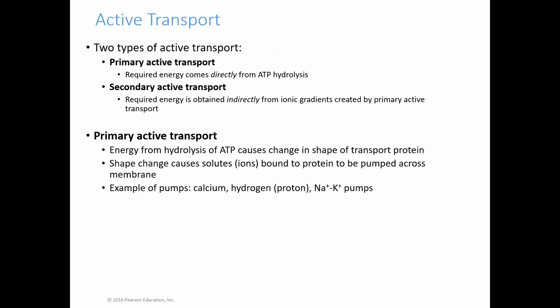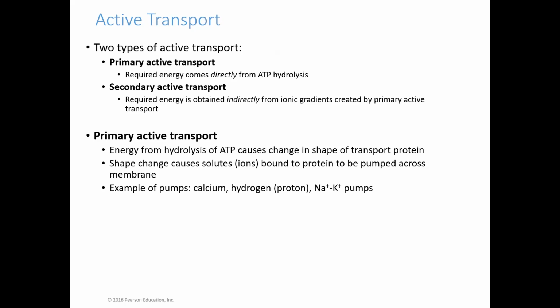With secondary active transport, you take advantage of the concentration that you're maintaining outside the cell. I'll get back to that in a second. So primary active transport, you have a protein embedded in the membrane. It's a pump, maybe an enzyme, and it will change its shape.